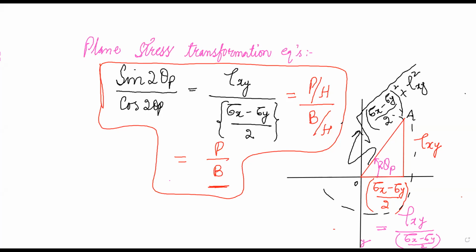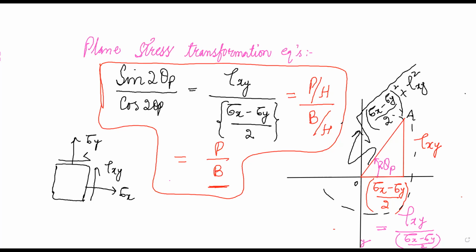Now let's do one thing. We have got our principal angle. In a given element, this is sigma x, this is sigma y, and the shear stress is tau xy. What is the principal angle?